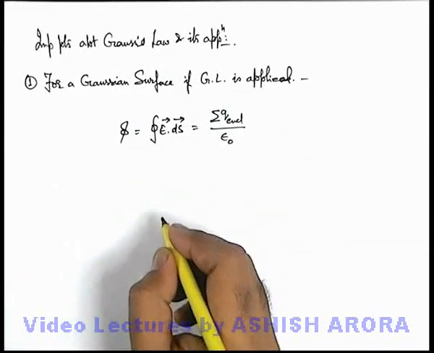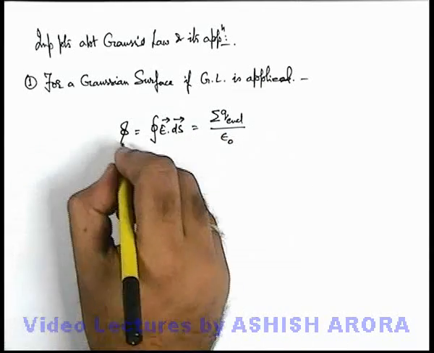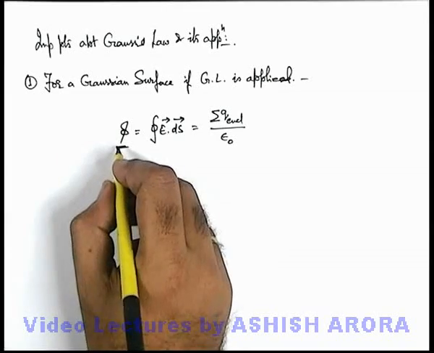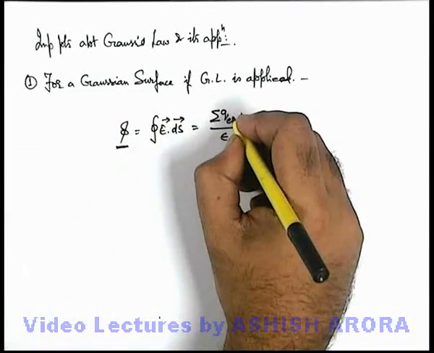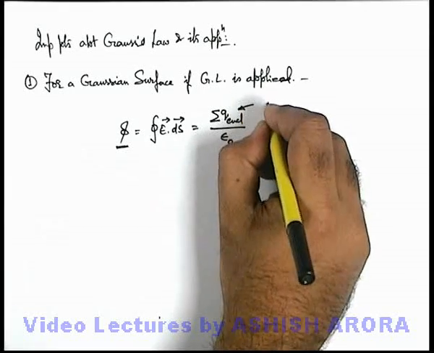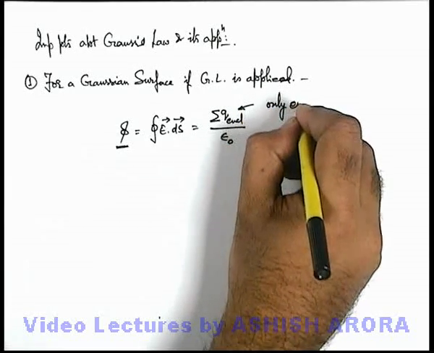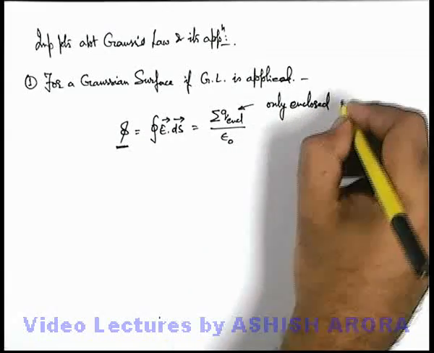So in this situation, always be careful that the total flux which is coming out from the Gaussian surface is only affected by the enclosed charges. These are the charges which are enclosed in the region.